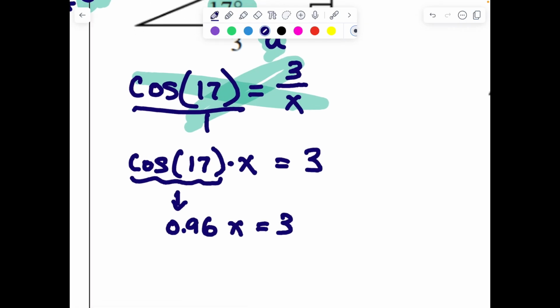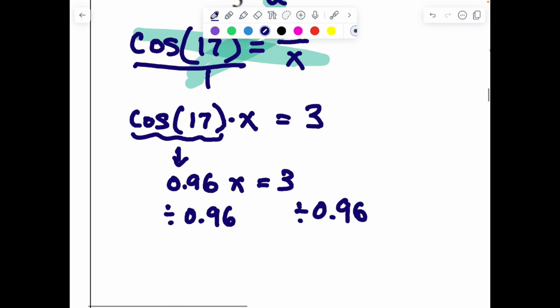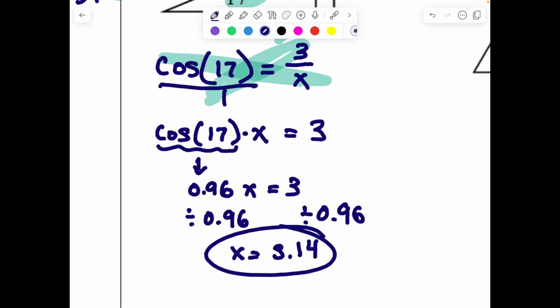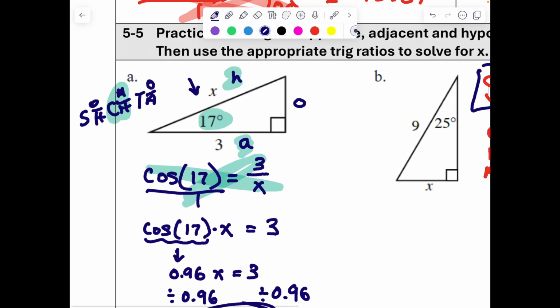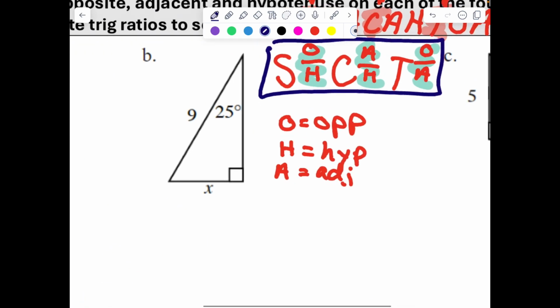And then that makes people feel more comfortable about dividing by the cosine of 17 from both sides, because it's really just a number. So x is going to be 3.14 for this problem. So that's 3.14.